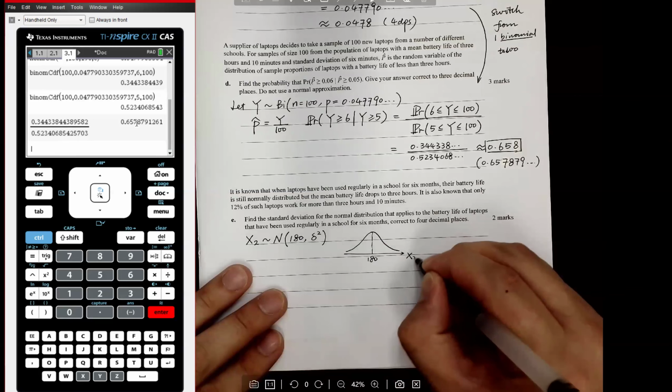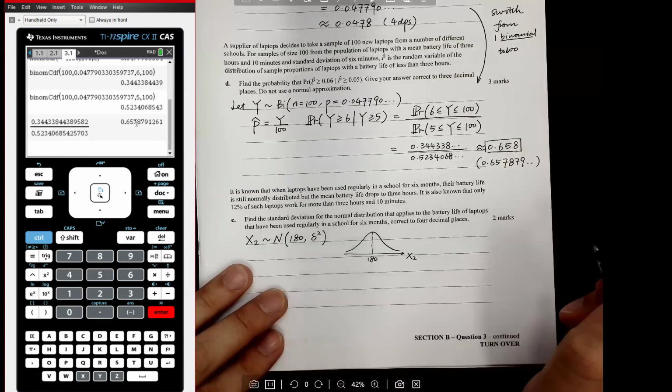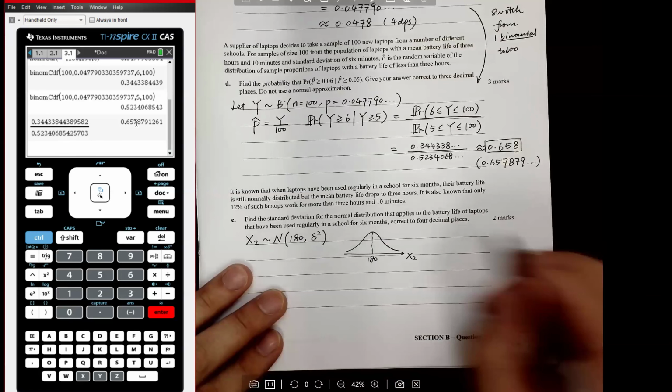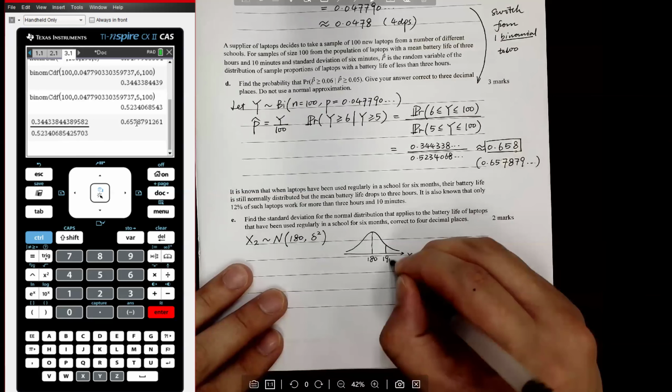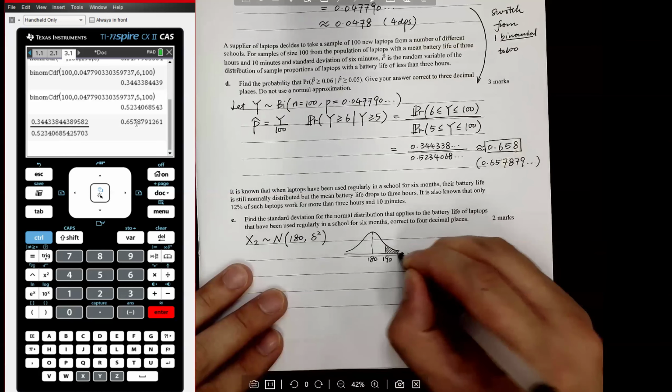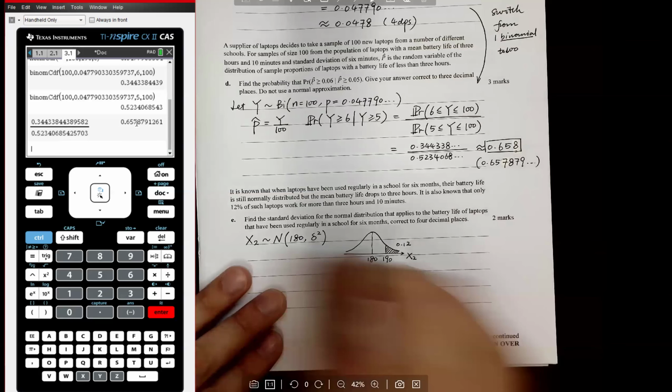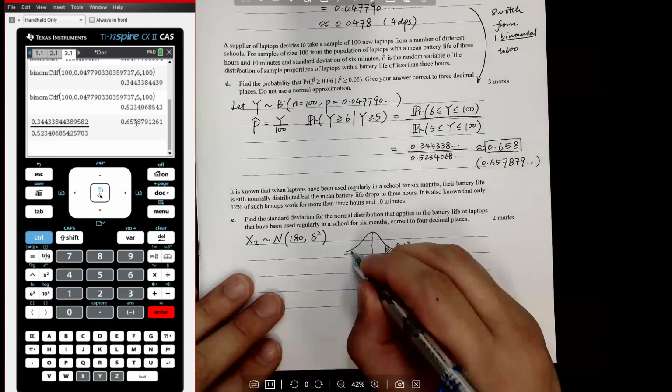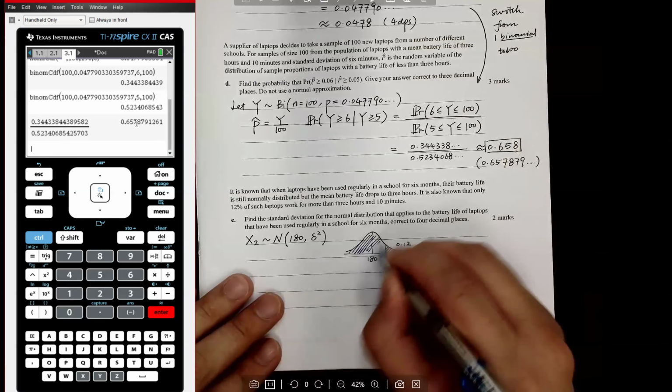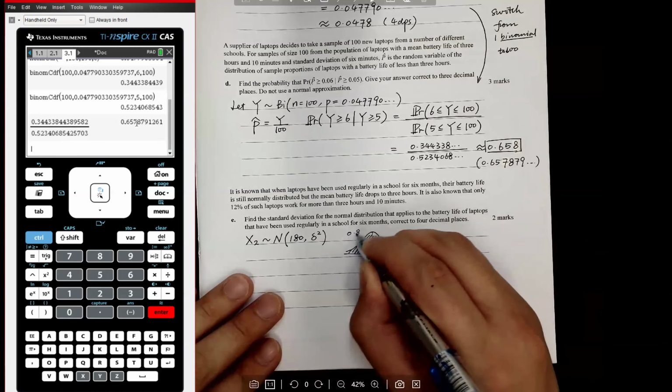Only 12% of such laptops work for more than 3 hours and 10 minutes. So that is 190, and this probability is 0.12. Therefore, the opposite side will be 0.88.